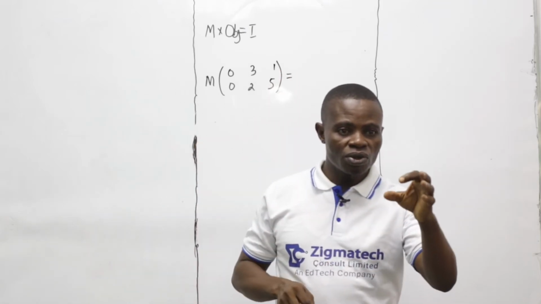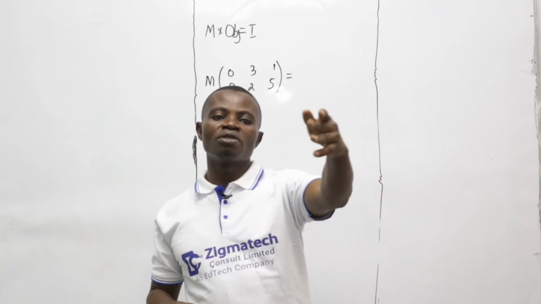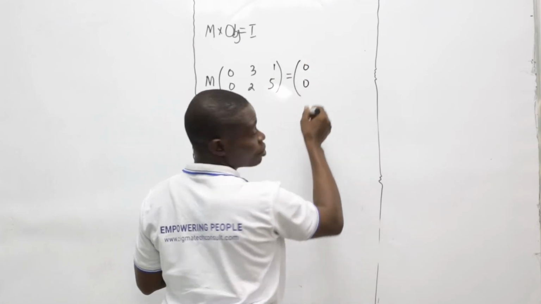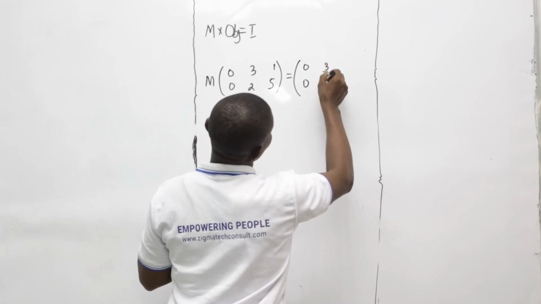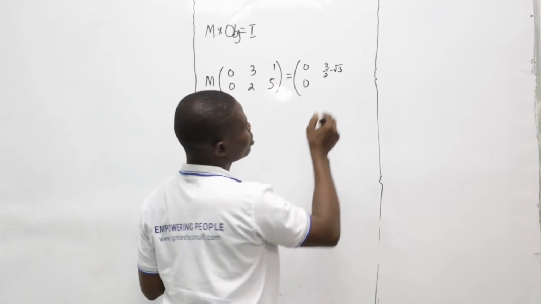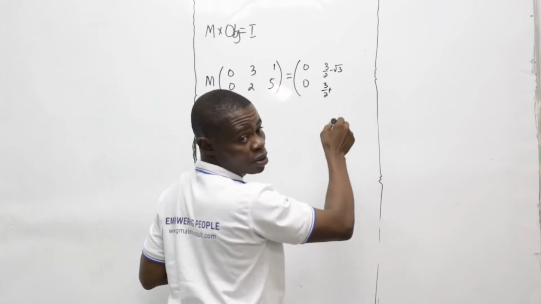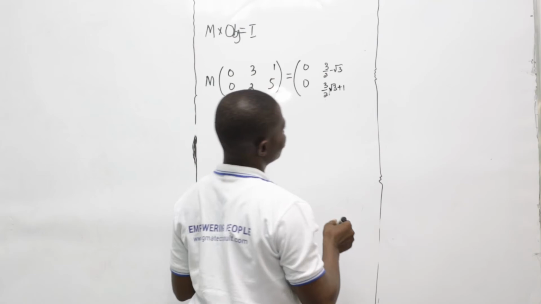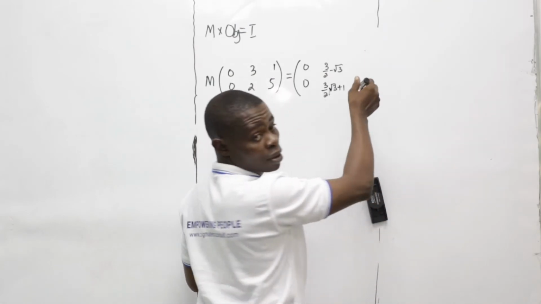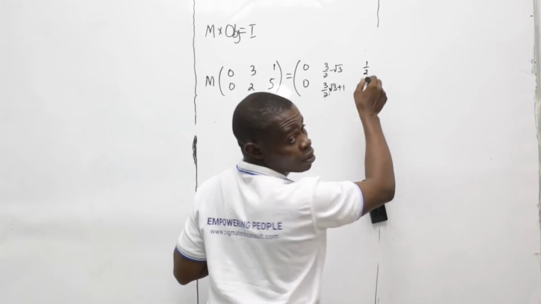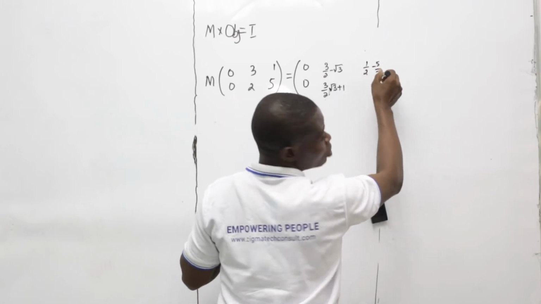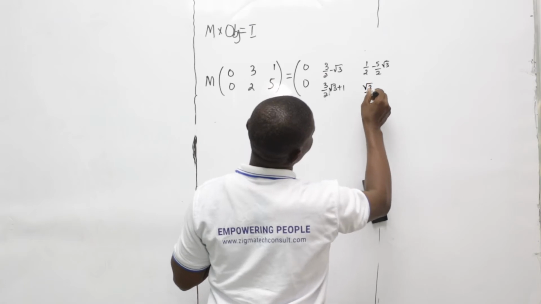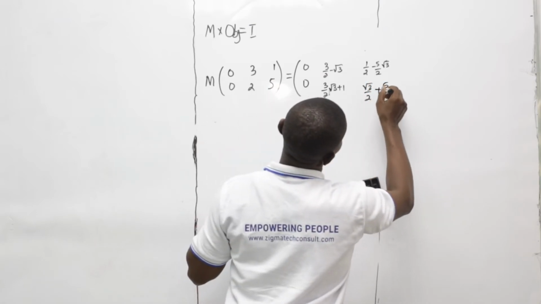The image of the triangle, which is what we are seeing there: 0, 0, 3 over 2 minus root 3, against 3 over 2 root 3 plus 1, again 1 over 2 minus 5 over 2 root 3, against root 3 over 2 plus 5 over 2.